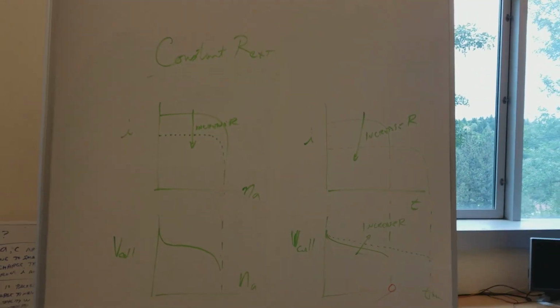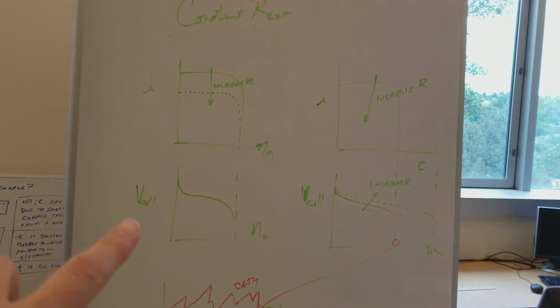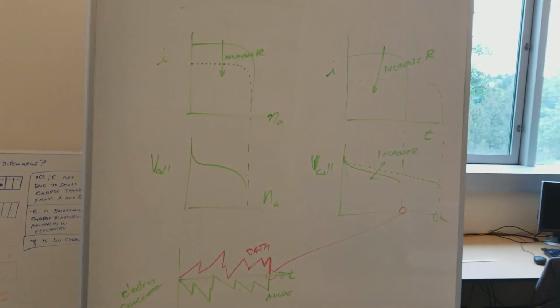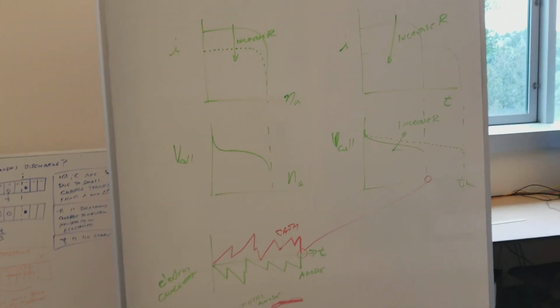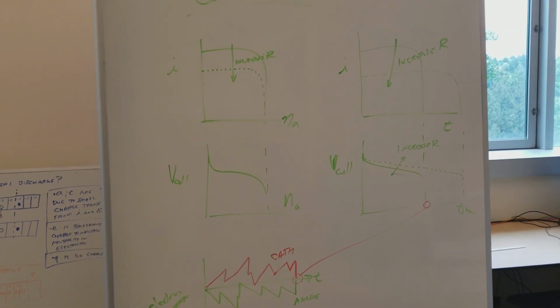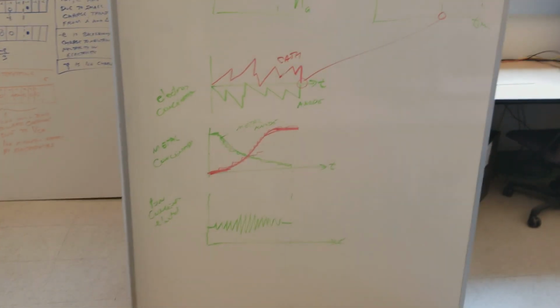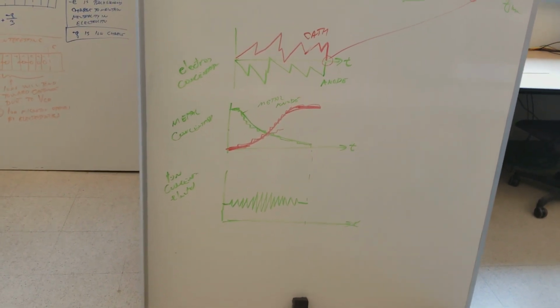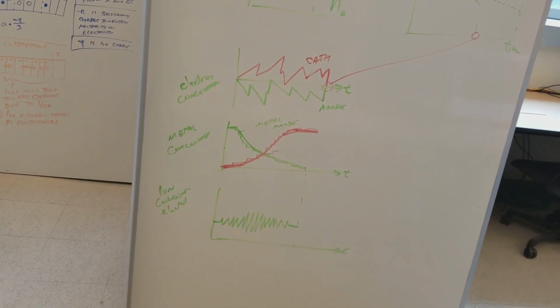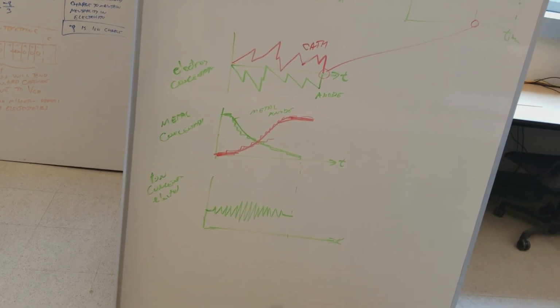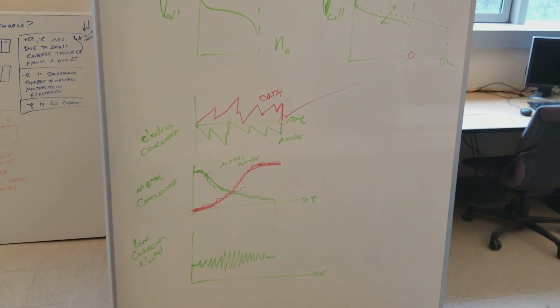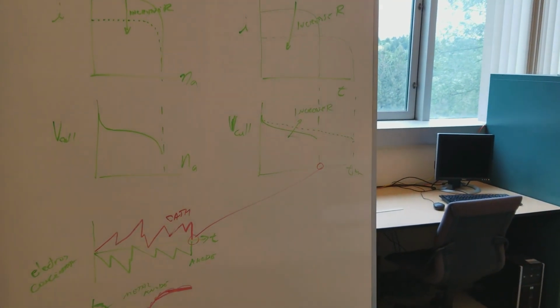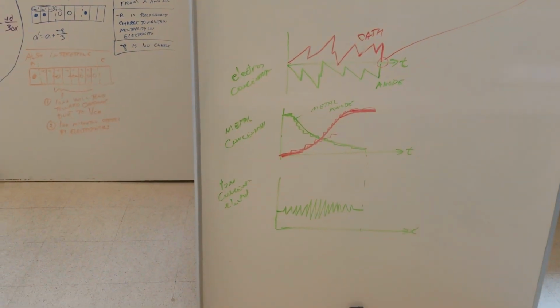For a constant R, we should get current and voltage as a function of anode composition or anode concentration. As a function of time over here, we should get current and potential. And then those we should be able to also relate to the concentrations in the electrodes, the concentration of metal, and the concentration of ions in the electrolyte. That's basically talking about the time to emptying and the time for the concentrations.